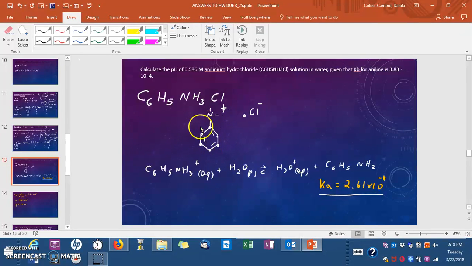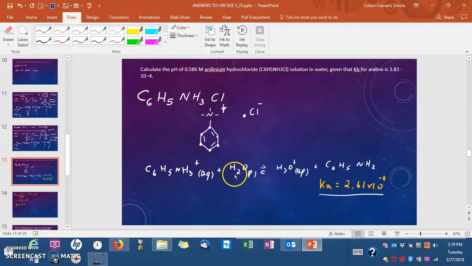Either you know that this is a cyclic hydrocarbon structure with the NH3 hanging there, and then you have the Cl minus, but even if you don't know, you know that this compound breaks between the C6H5NH3 and Cl, which is floating around alone, because you know that HCl is a strong acid, so Cl is willing to be removed really fast because it's a halide element. So if this is negative, obviously this whole compound here is going to be positive.